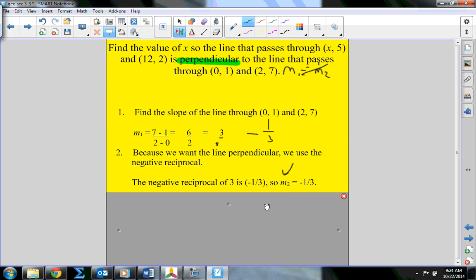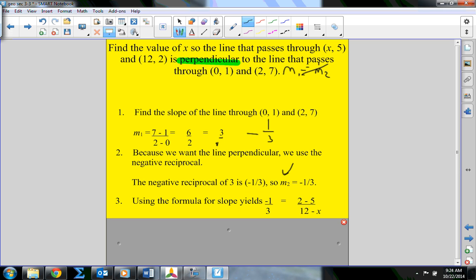Now recall that the slope is the difference in the y's over the difference in the x's. So I know the y coordinate of that point, the y coordinate of that point. I know the x coordinate of that point. This is the x-coordinate I'm looking for. So I just plug those values into the slope formula here.